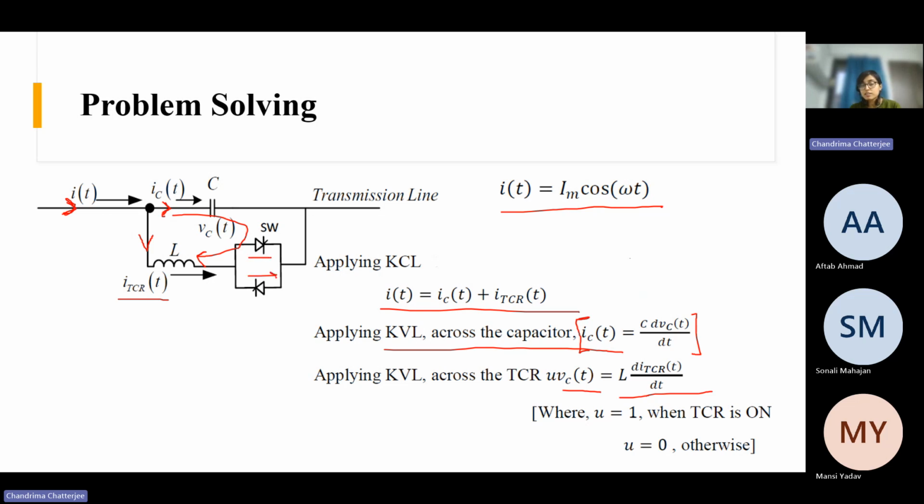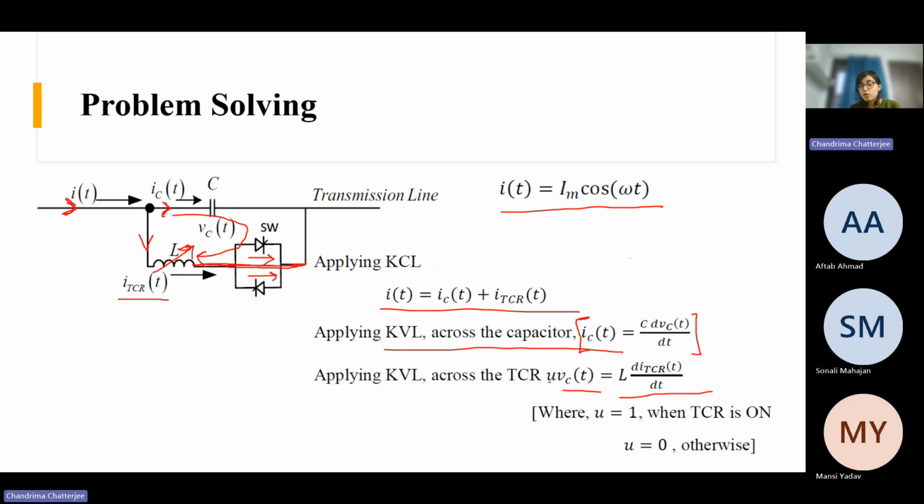So you can imagine this is just a line. Okay. So there is this capacitor, there is this inductor, and we know the voltage drop across an inductor is L di by dt, and that is equal to the voltage drop across the capacitor, because there are only two components, capacitor and inductor, right?